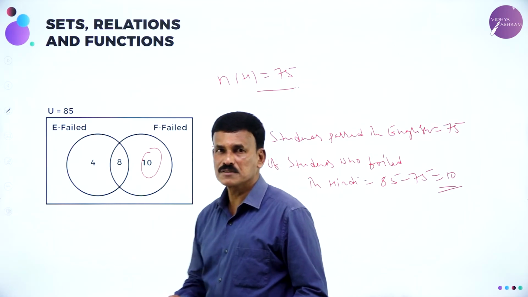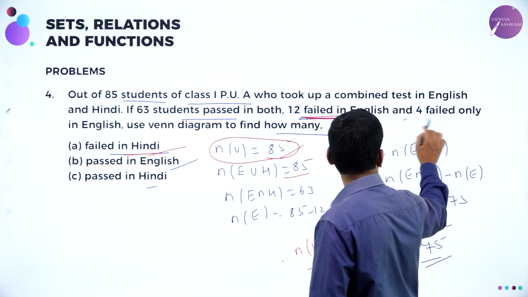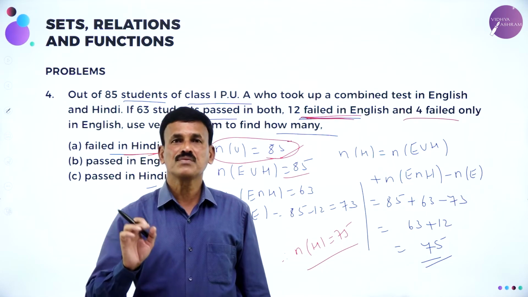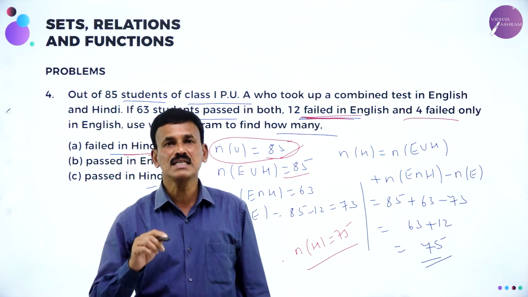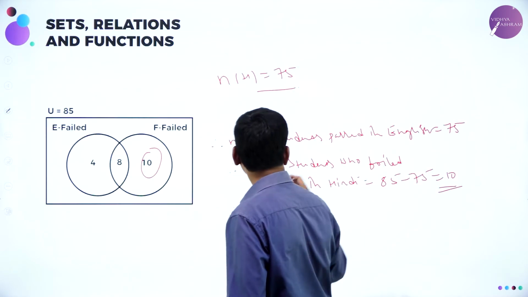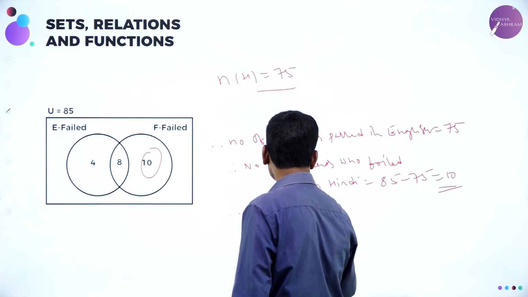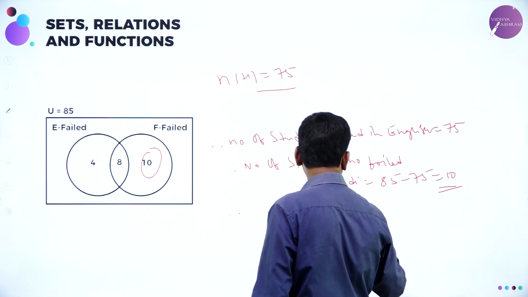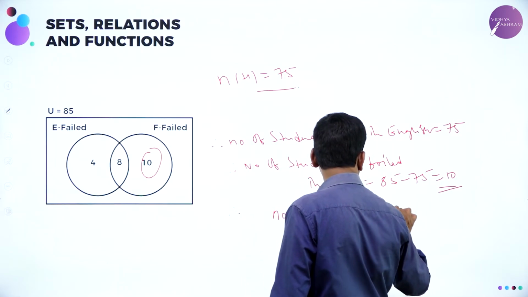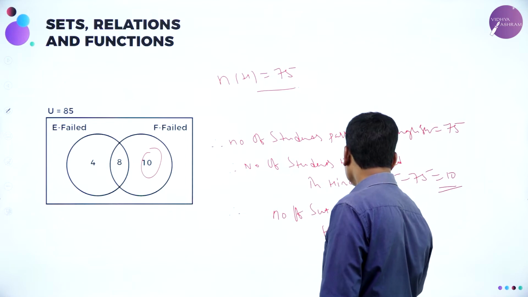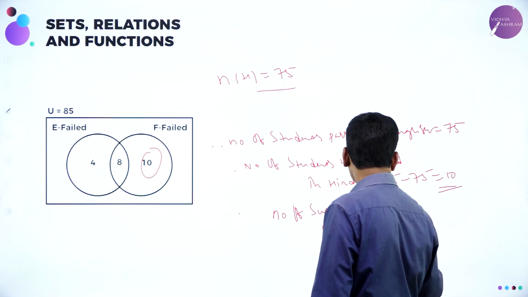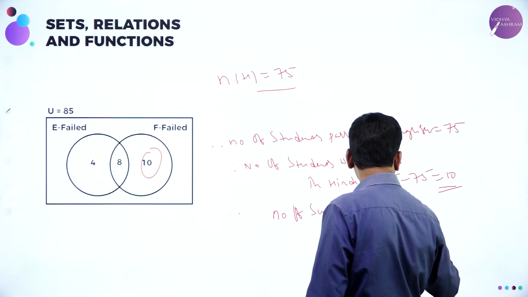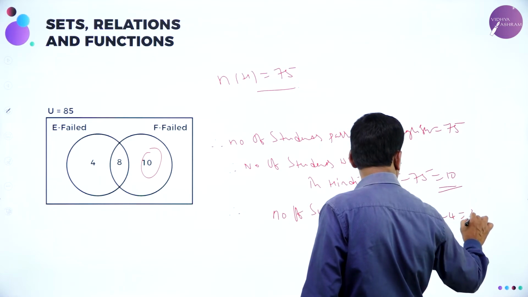Now next, see here, 12 failed in English and 4 failed only in Hindi. Therefore the number of students who failed in Hindi and English will be 12 minus 4, that's equal to 8.